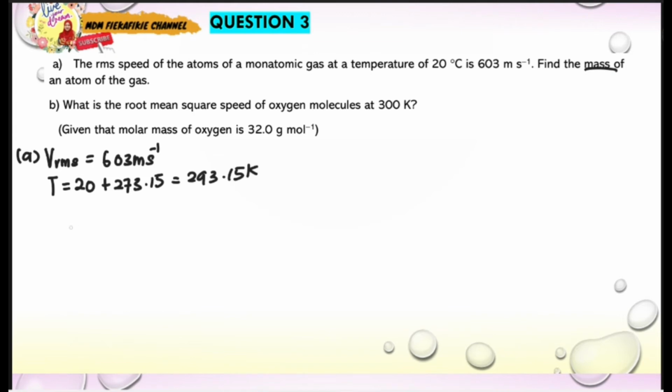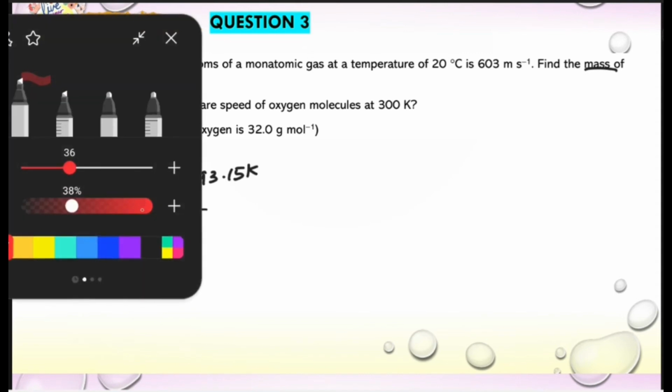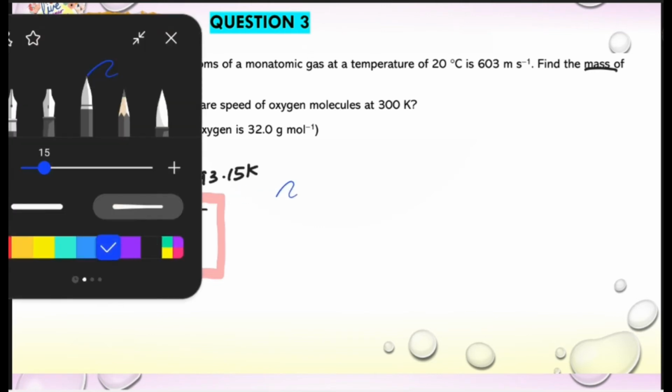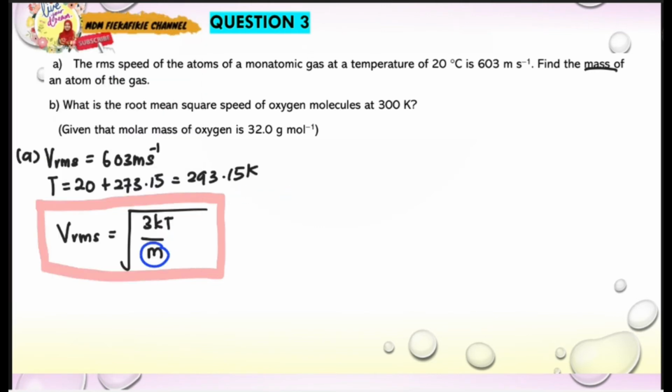Okay, so I will use equation VRMS equal to square root 3kT over m. Sebab kita nak cari apa ni tadi? Kita nak cari, sekejap saya kecilkan sikit ni. Okay, sebab saya nak cari ini m. Okay, so we want to find m, mass of an atom of the gas. Okay, formula ini juga diberi, jangan risau kat depan ada.